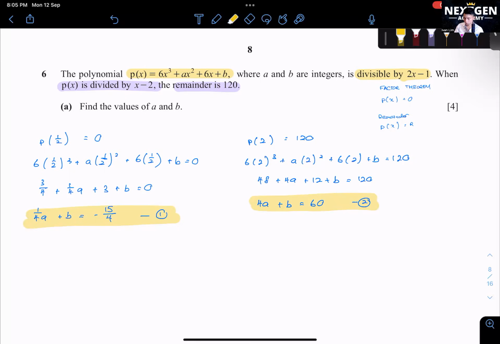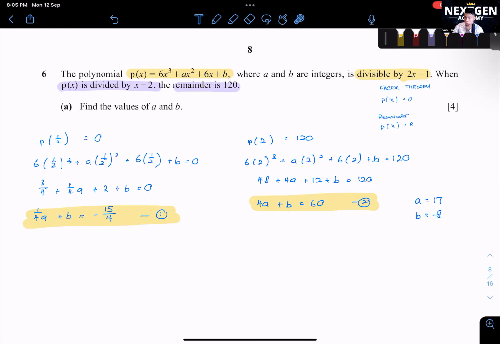And 4, 1, 60. Get your answer first, because this one will speed up your working also. So you will get here a equals to 17, then b equals to negative 8. You write the answer at the side first, so that you are clear on the answer, just in case you calculate it wrongly.